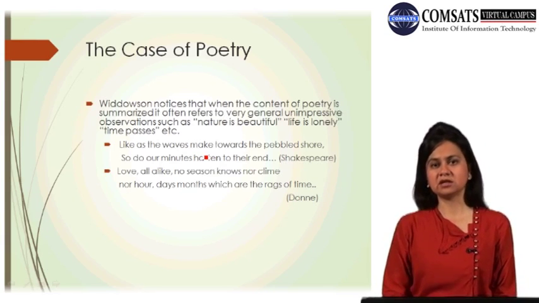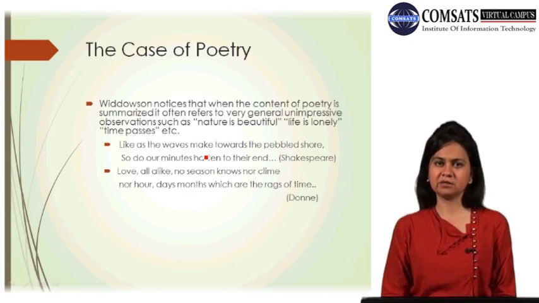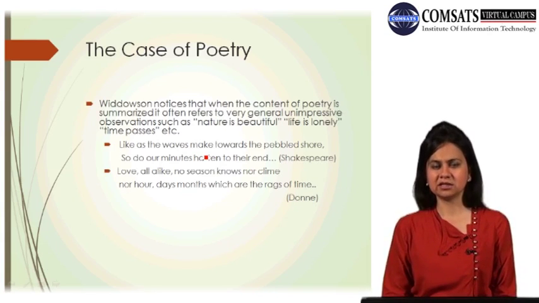Widdowson is raising a kind of opposition to those methods of text analysis, specifically poetic analysis, where we generalize our understanding, meaning, and interpretation of a poem. For example, giving the examples of two poets, Shakespeare and Donne, Widdowson explains the idea of generalization and very crude remarks and interpretations of poetry.